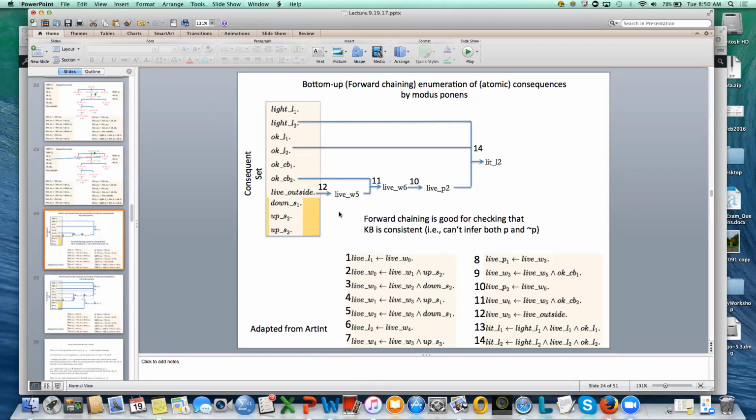Live W5, which now is added to the consequence set, it is what we know at a point in time in the forward search, can be coupled with OKCB2, and using Rule 11, this allows us to conclude live W6. Live W6 using Rule 10 allows us to conclude live P2. Live P2, together with a couple of other axioms using Rule 14, allows us to conclude lit L2.